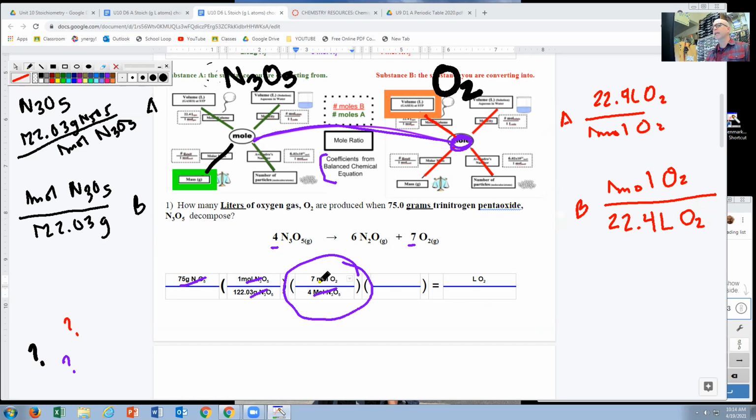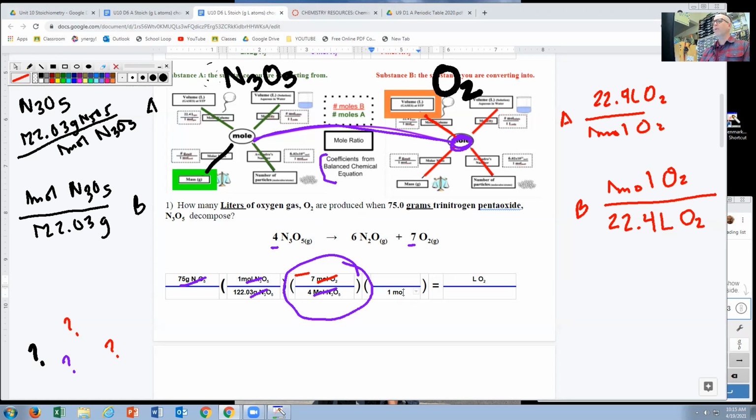Remember, we're trying to cancel out moles of oxygen. So which one are we going to use? That's right, ladies and gentlemen. We are going to use conversion factor A so we can cancel out moles of oxygen.